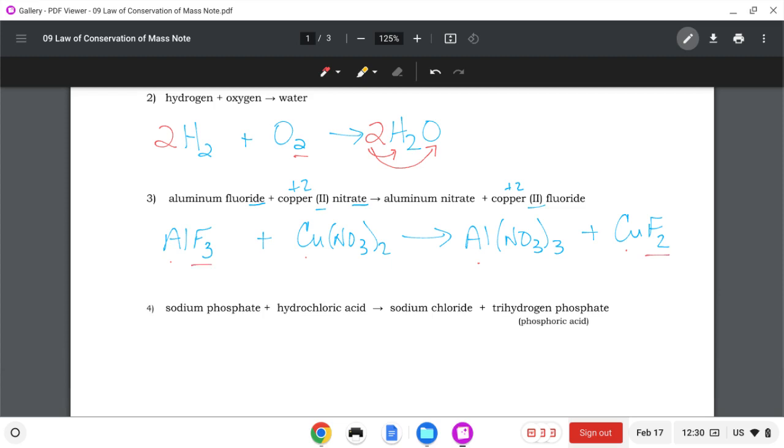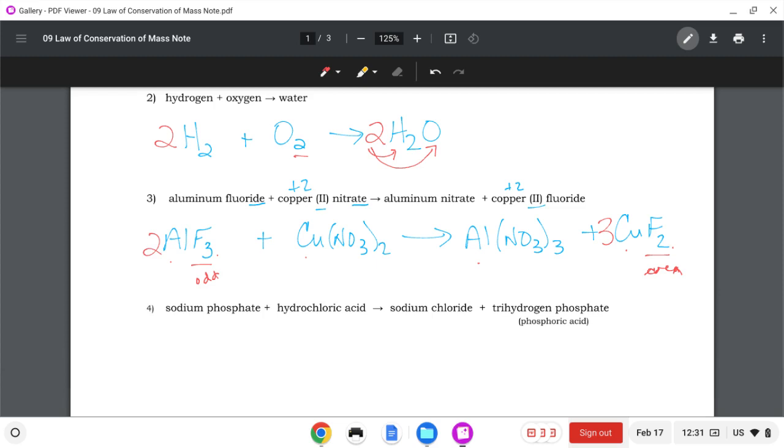Whenever you have an odd-even situation, this is an odd number, 3 is an odd number, and 2 is an even number, then what you do is multiply both of those by the opposite number to make them equal. So if there's a 2 here and a 3 over here, I'm going to take the 3 and multiply it by the 2, and take the 2 and multiply it over there by the 3 fluorines.